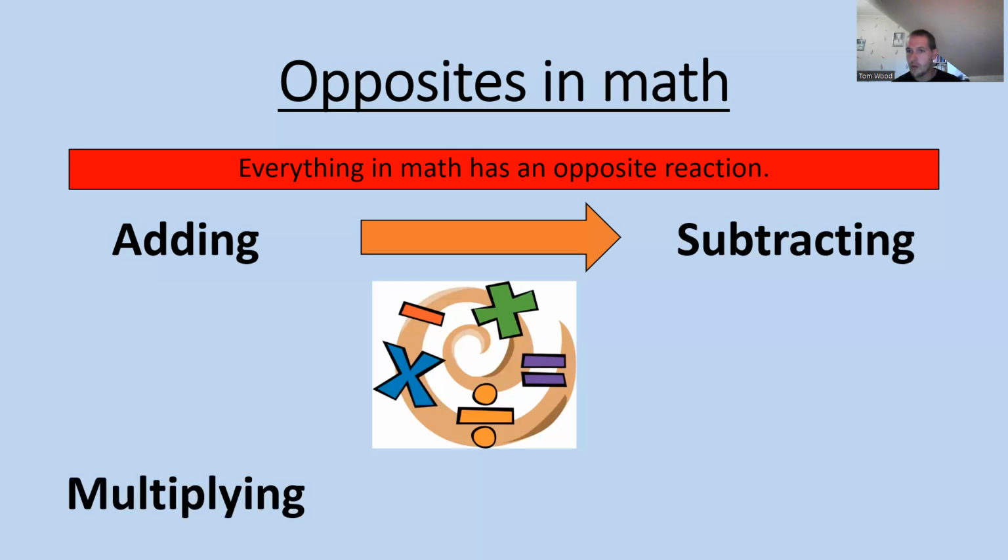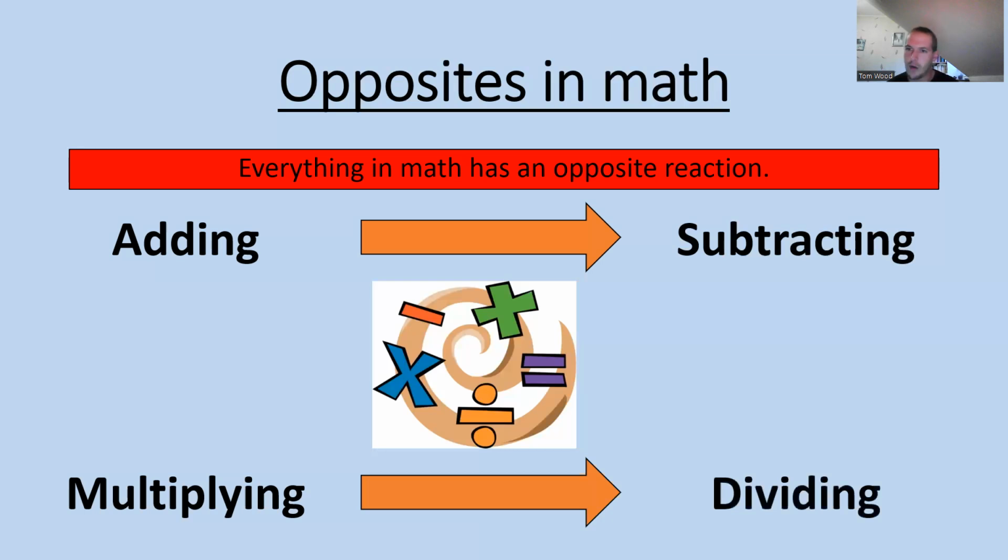And then we have our other two main operations. We have multiplying and the opposite, which is dividing. The main thing to remember is with multiplying, there are a lot of different ways of looking at it. There's multiplying, timesing. Again, the one that I think is the most useful is lots of. All multiplication is constant addition.